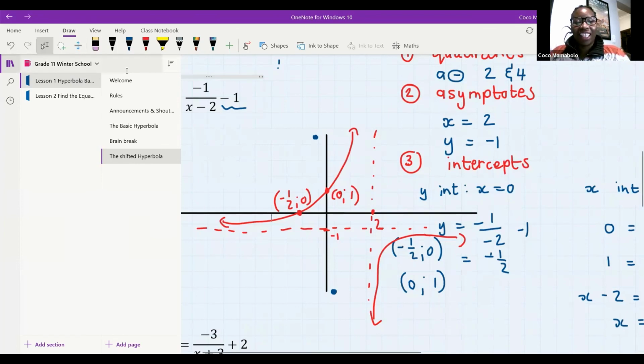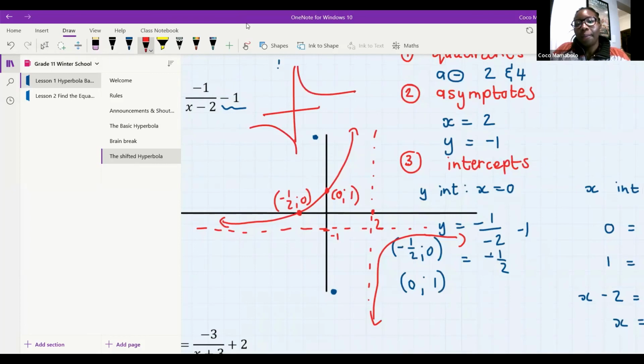Dawn is asking, how do you determine the shape of a hyperbola? Most hyperbolas, Dawn, will always curve like this. The reason they curve is because when we look at every single value that is valid for each of these graphs, this graph is getting closer and closer to our asymptote. It doesn't touch our asymptote.